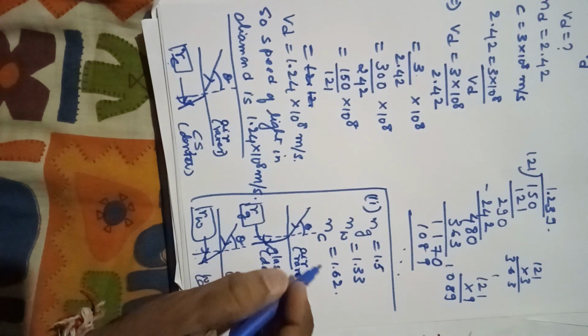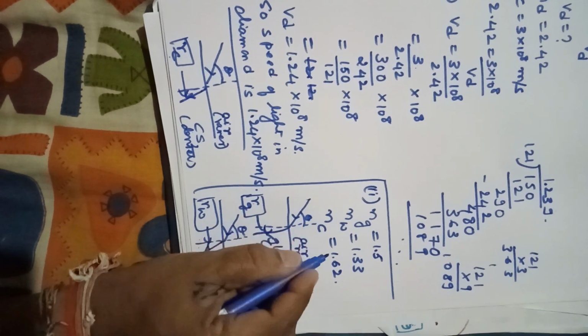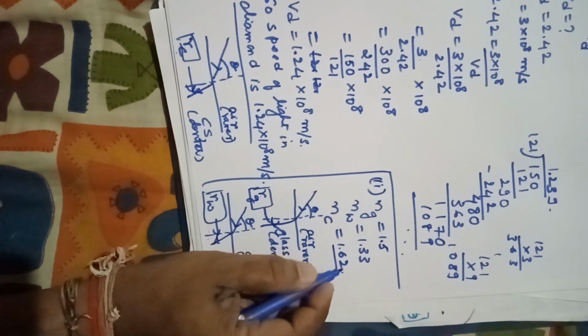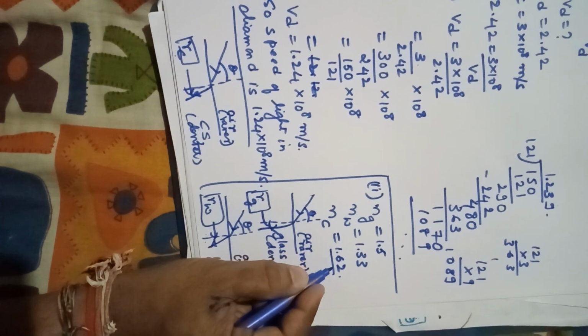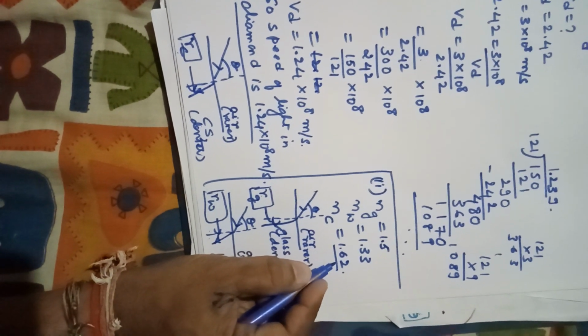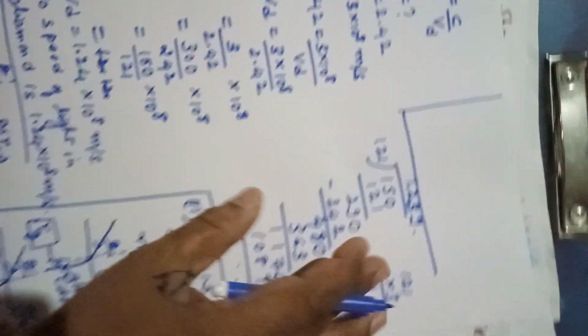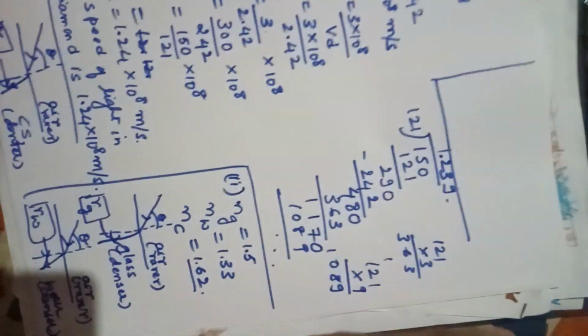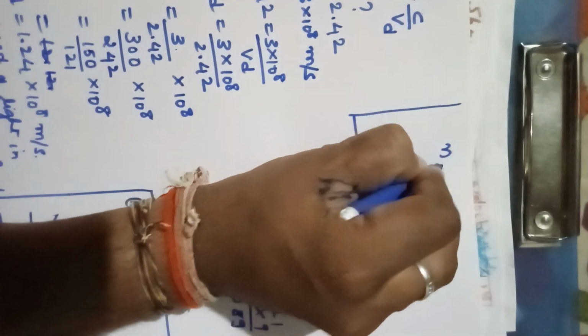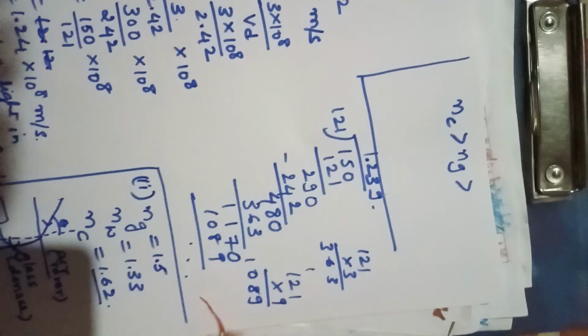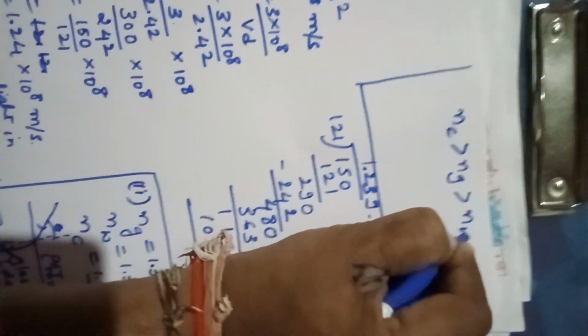So light will bend the highest in carbon disulfide among these three media, as it has the highest refractive index. So while comparing the angles of refraction in these three media, let's write like this. Nc is greater than Ng is greater than Nw.